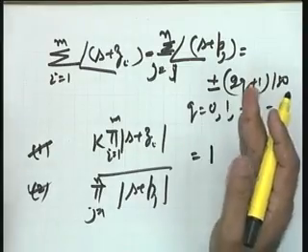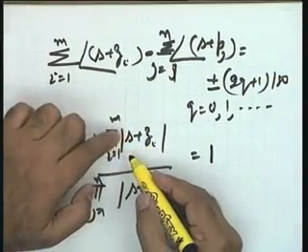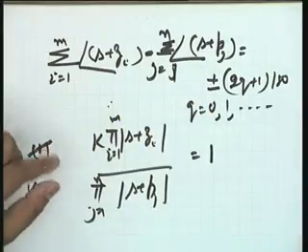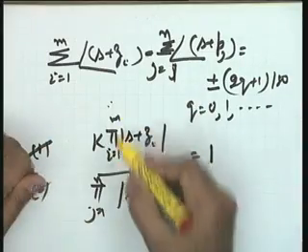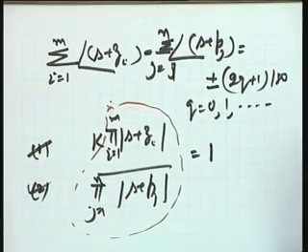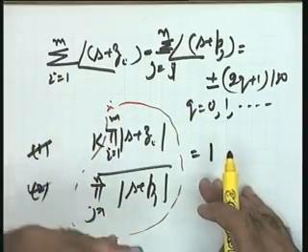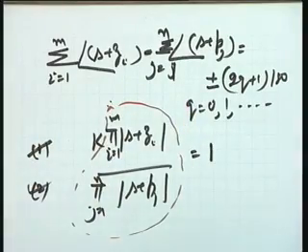This is my magnitude condition. You consider any point in the S plane, you substitute that value, you calculate this magnitude. If you take k as the inverse of this magnitude, your condition is always satisfied. So it means there is a value of k for every point in the S plane on which you can calculate this magnitude. There is a value of k for which this condition is always satisfied.